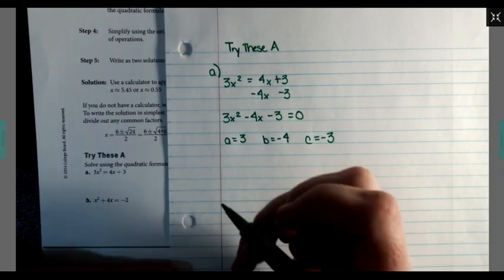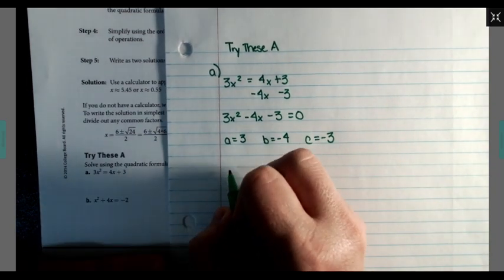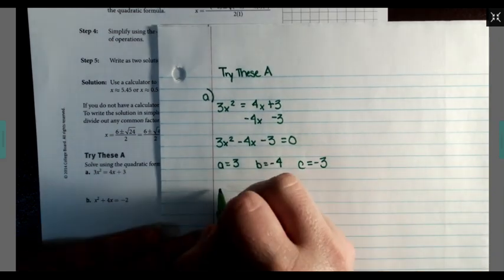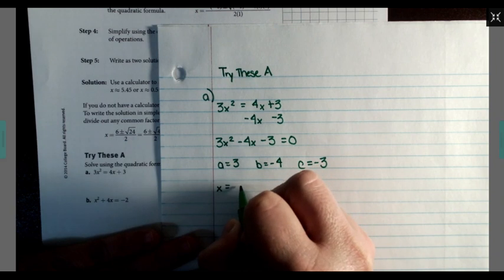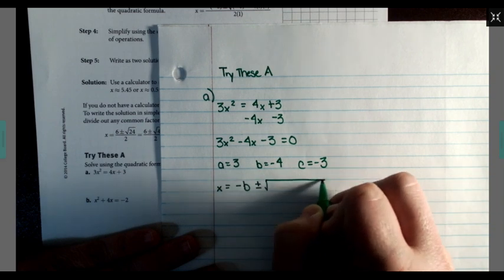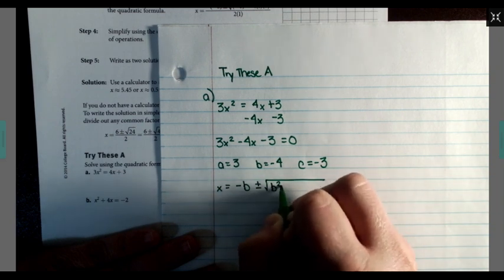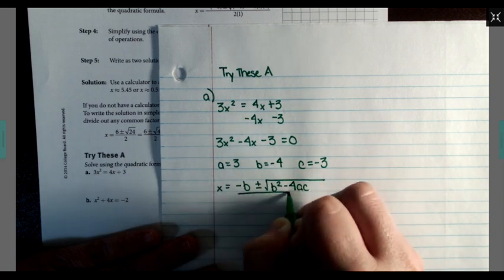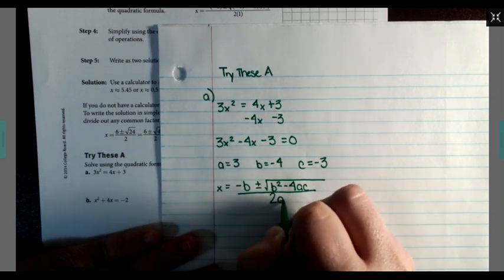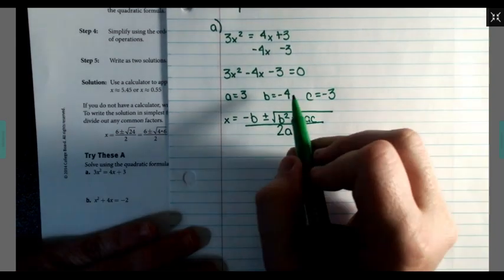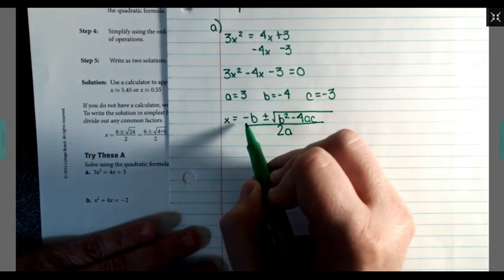It says substitute into the quadratic formula. The quadratic formula says x equals negative b plus or minus the square root of b squared minus 4ac all over 2a. So we're going to plug in negative 4 in for b.